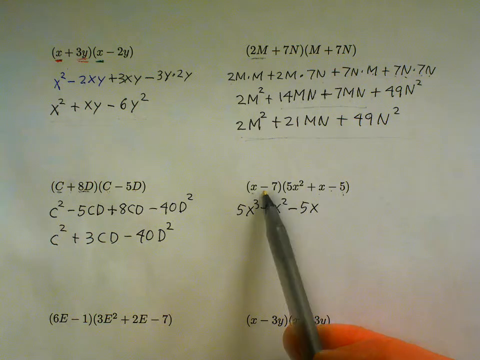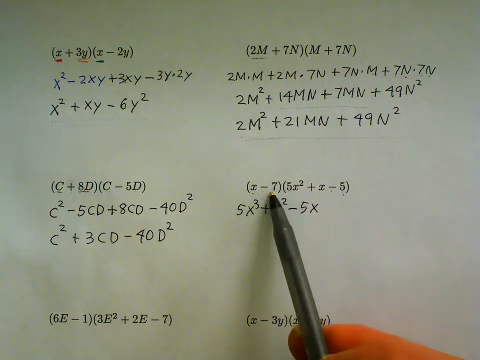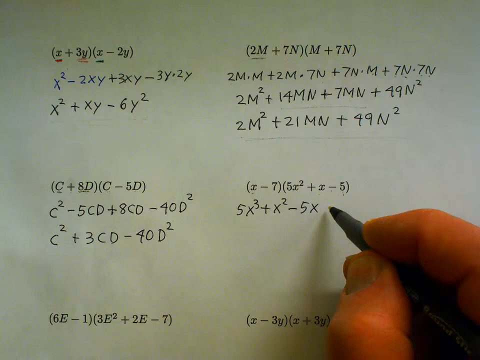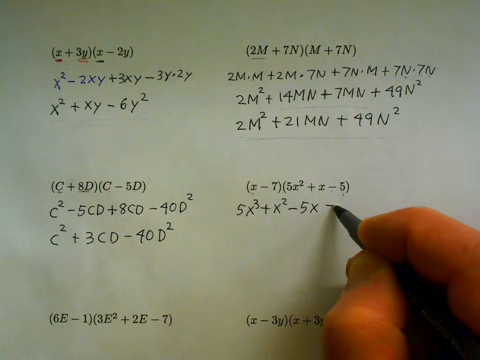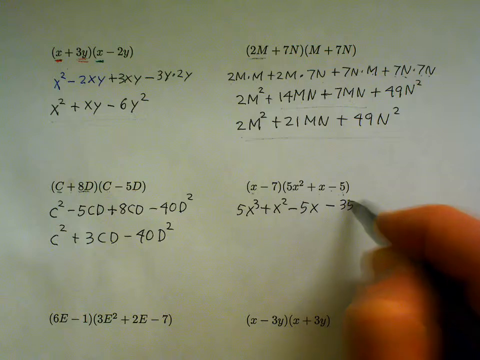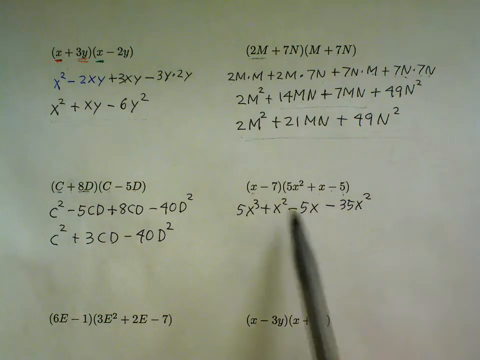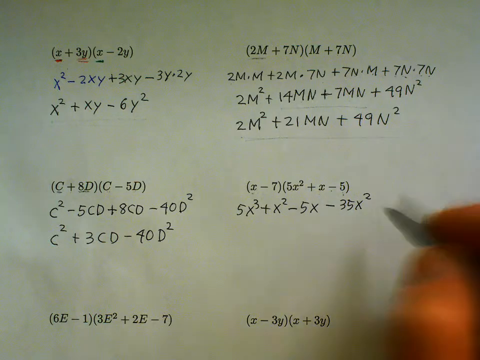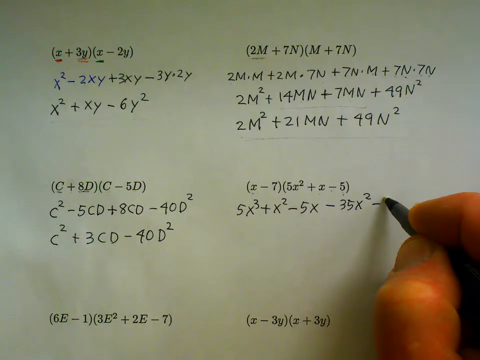Or you could think of it as subtracting 7 times 5x to the second, we get the same result. So if I subtract 7 times 5x to the second, I'm subtracting 35x to the second. And then I'm going to subtract 7 times x, so minus 7x.